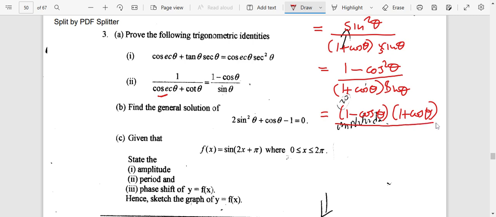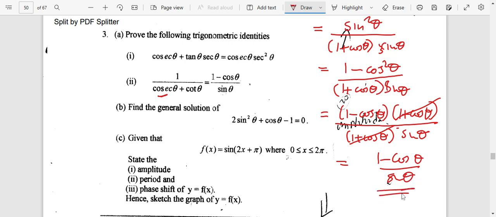And then down you have got 1 plus cos theta and then sin theta. So you can easily see that this will cancel with this. And what you're going to have is 1 minus cos theta divided by sin theta. Hence shown. Are we okay? Yes. All right.